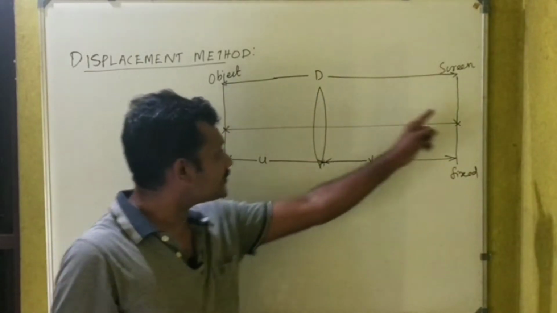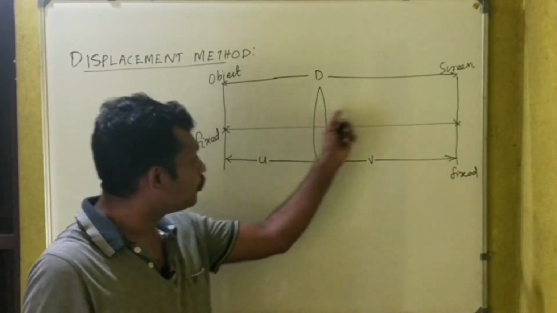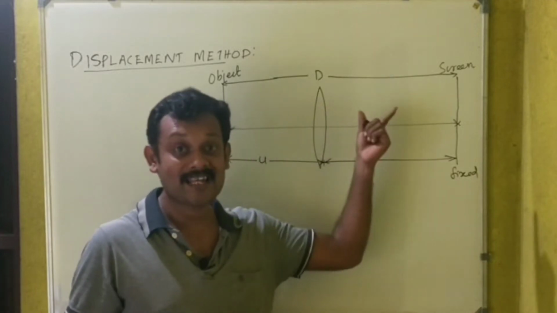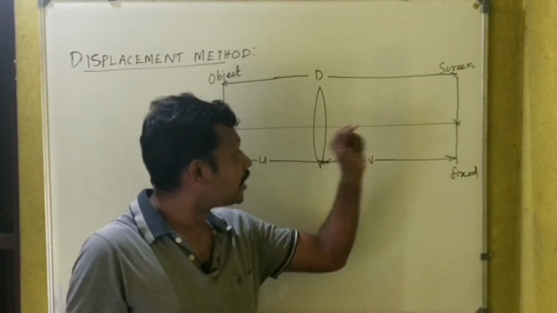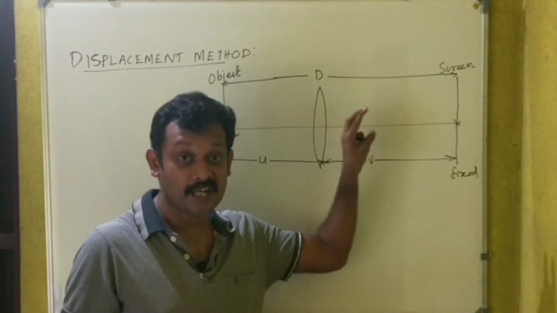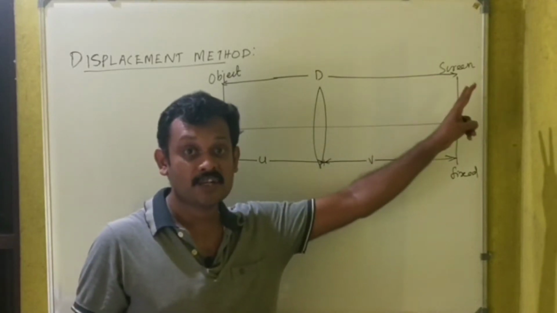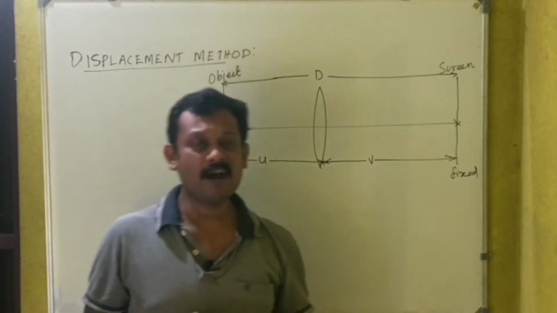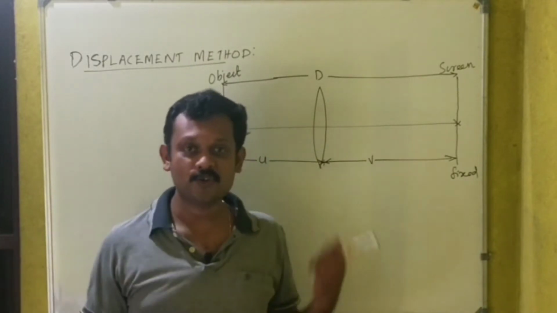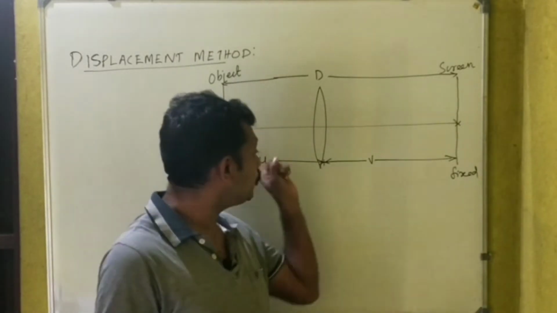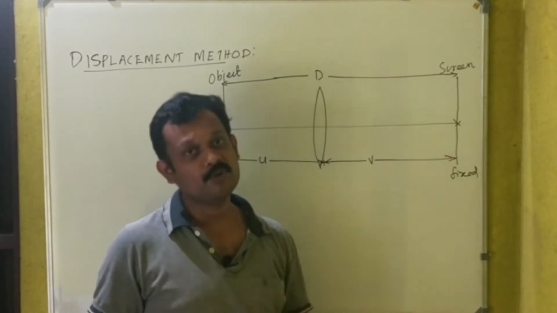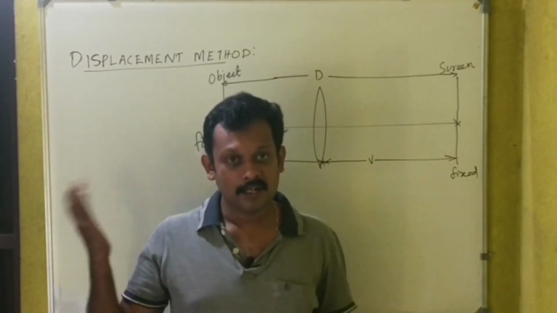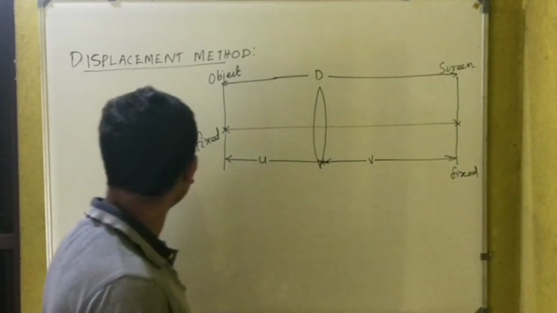The object is fixed, the screen is fixed, but we can move the lens so that there are two different positions of the lens for which a real image is obtained on the screen. And we want to find out the corresponding values of the positions u and v of the two lenses. That is our requirement. Let us quickly proceed to our method.